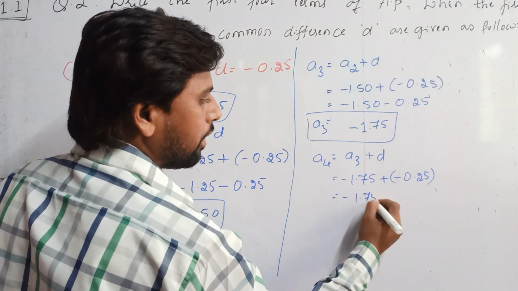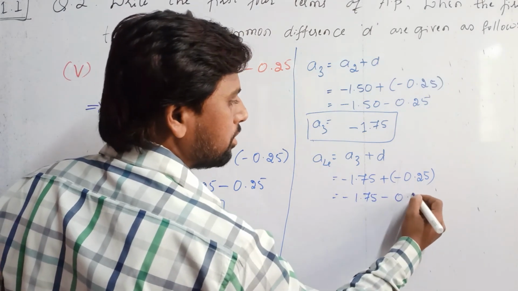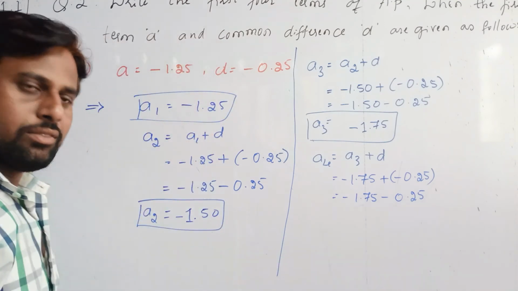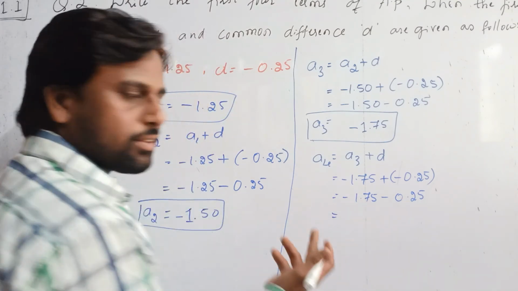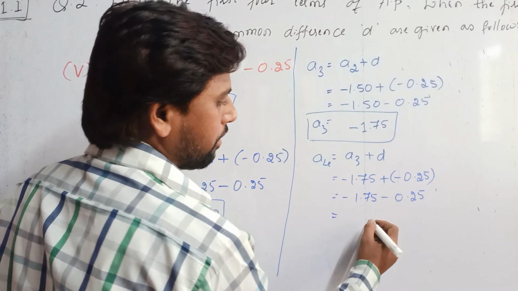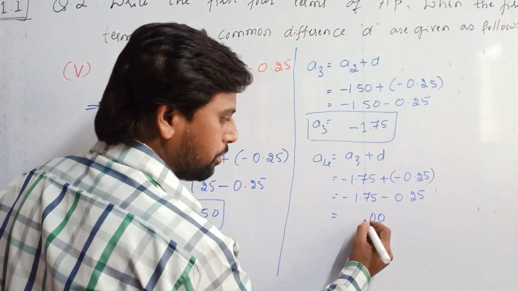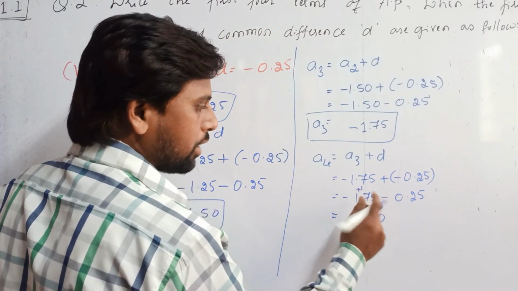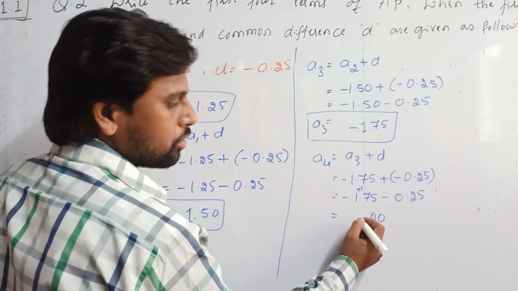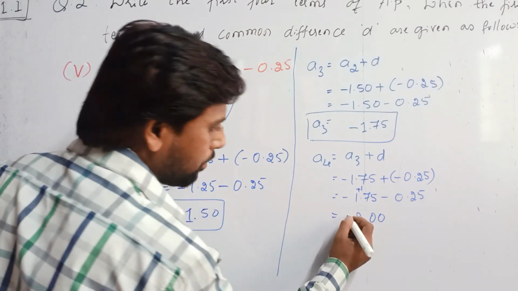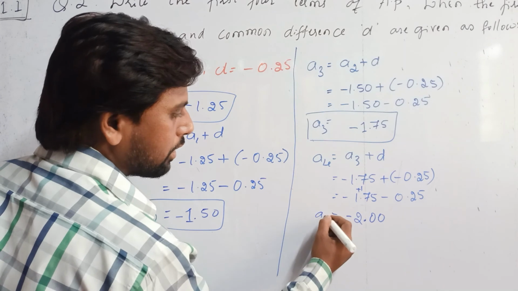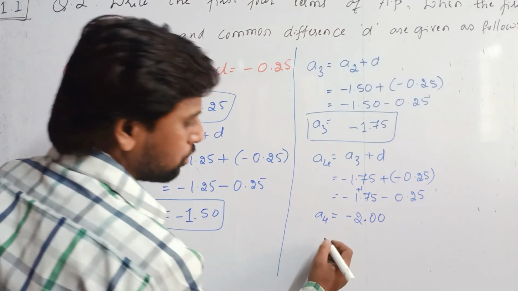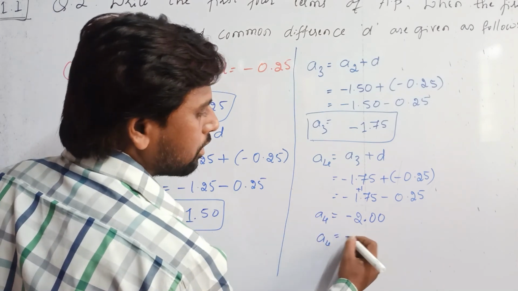Minus 1.75 plus into minus minus will be 0.25. Same way students, what you should do here? Minus into minus again plus. 75 plus 25 is how much? 100. It should be in point. So here plus 1 we should add, 1 plus 1 plus 0, so it will be 2. So sign will be given as again minus 2 only, so it can be considered as A4. So you can write A4 as minus 2 only.